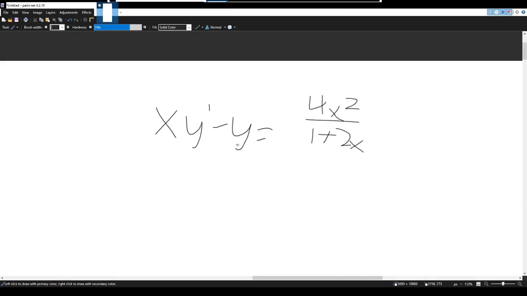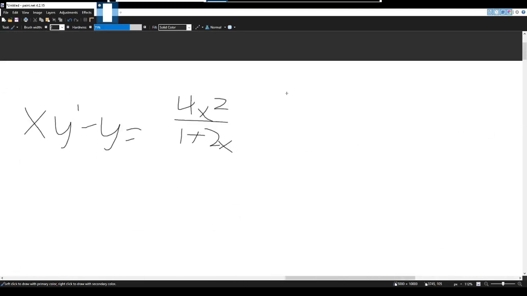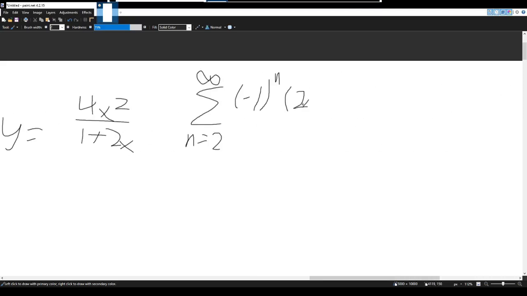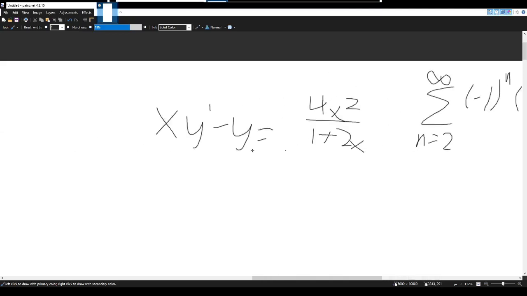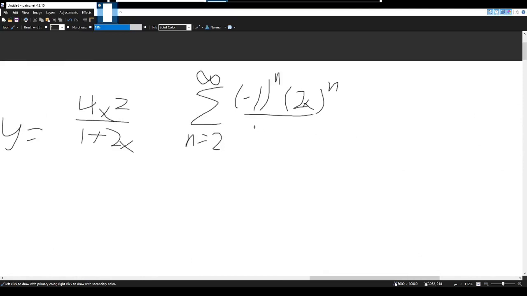Okay, so let me write out the actual thing too. So it's the sum from n equals 2 to infinity of negative 1 to the n, 2x to the n, and then what? n minus 1? Yeah, divided by n minus 1.